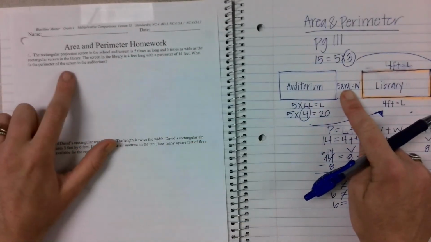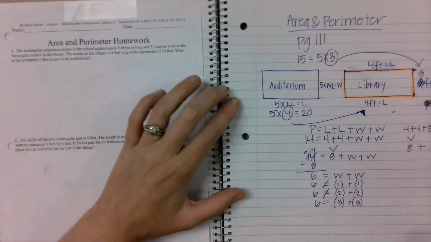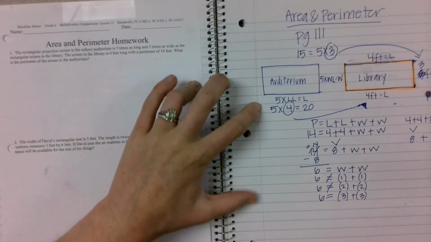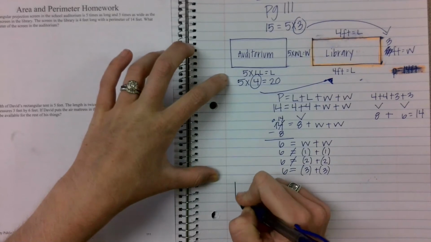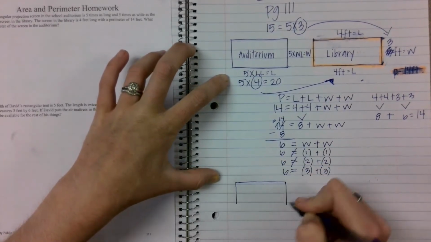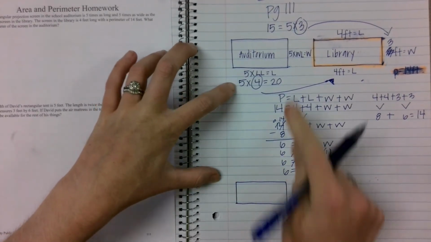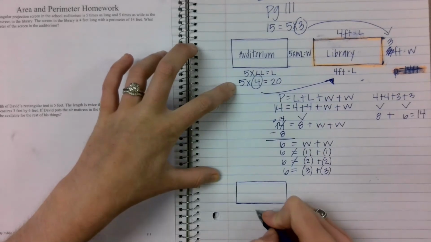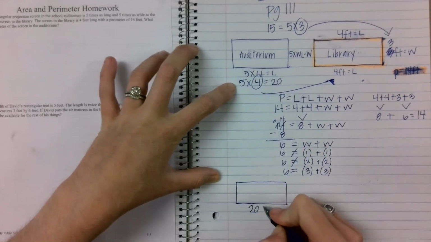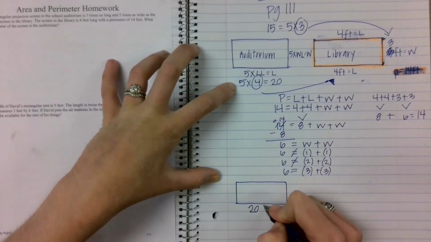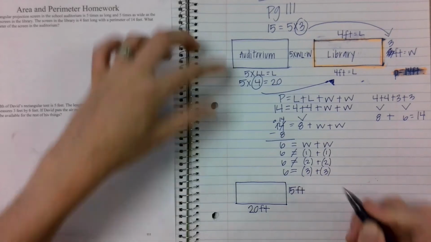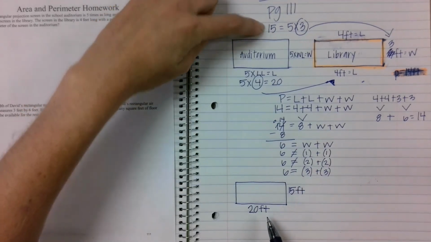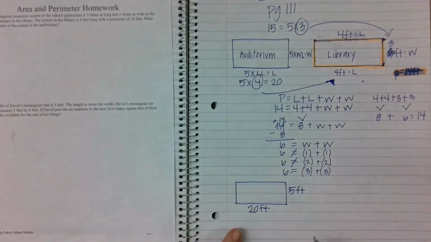Now it says, what is the perimeter of the auditorium? So I'm going to draw it down here again, just so it's a little bit neater. If this is 20 feet and this is 15 feet, all I did is make it a little bit prettier from up here, since there's a lot happening, so I don't get confused.